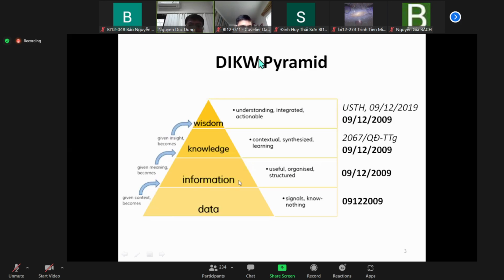It could be information, but it is incorrect information. For example, there is also confusion here: it could be September 12th, 2009.